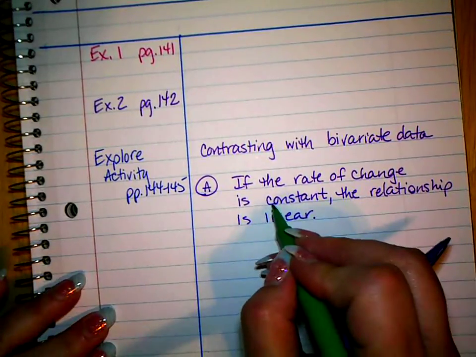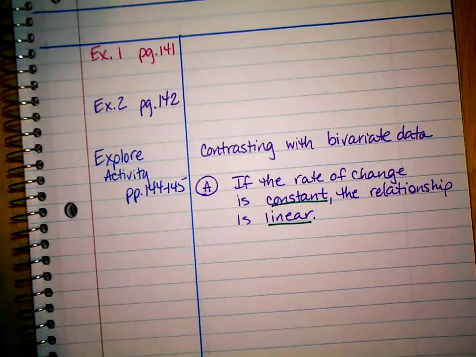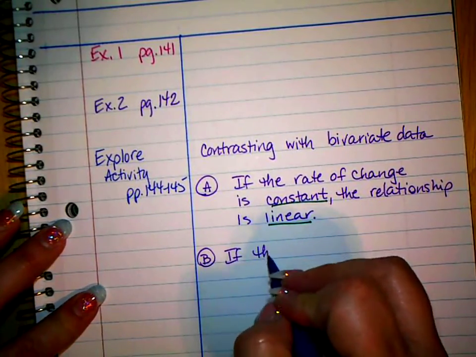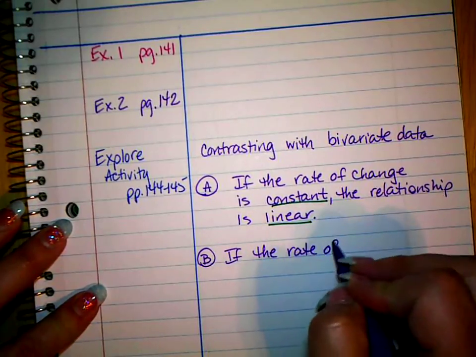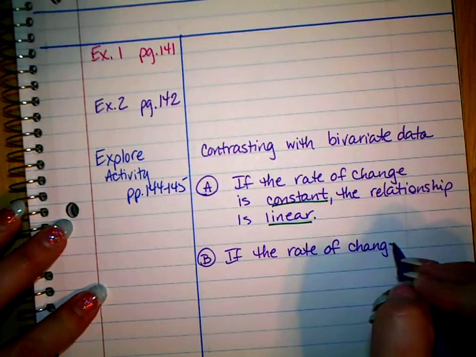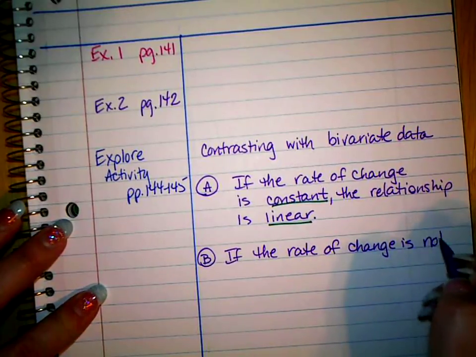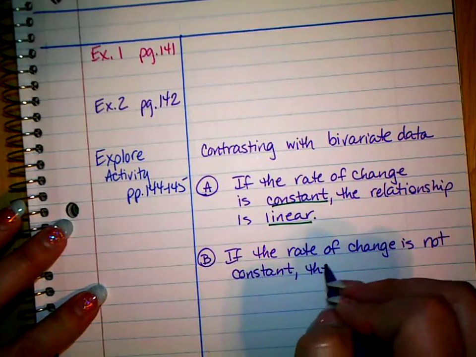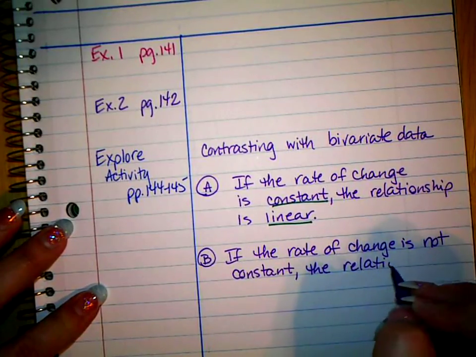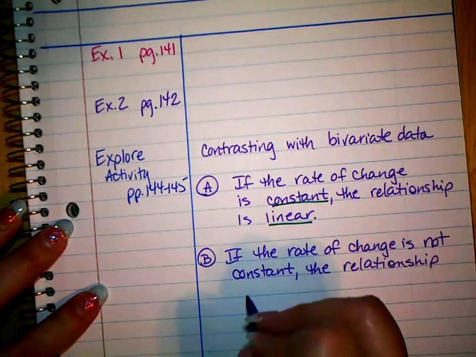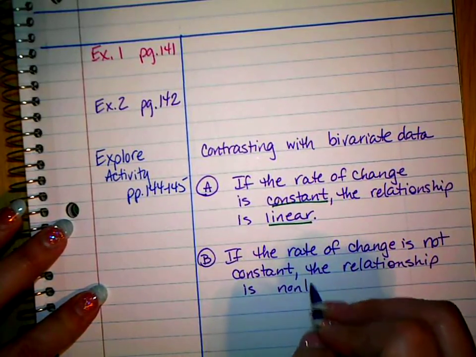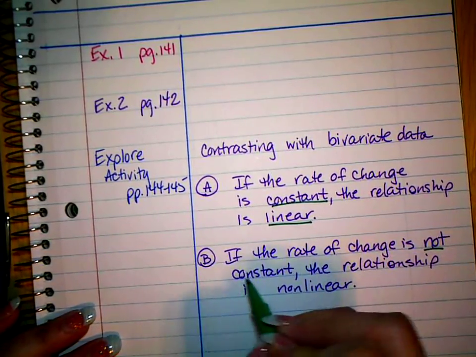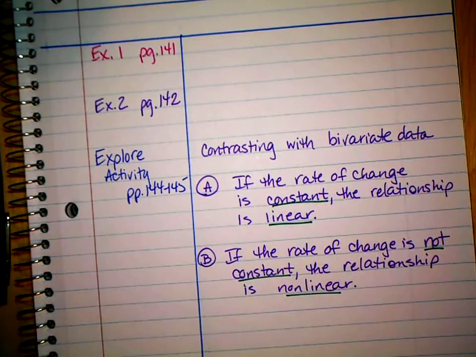So if it's constant, it's linear. In B, if the rate of change is not constant, the relationship is nonlinear. Not constant, nonlinear.